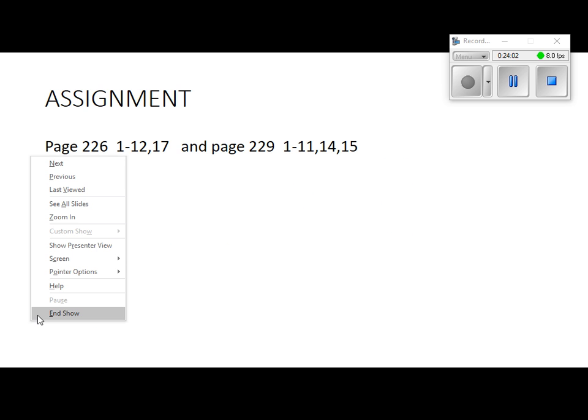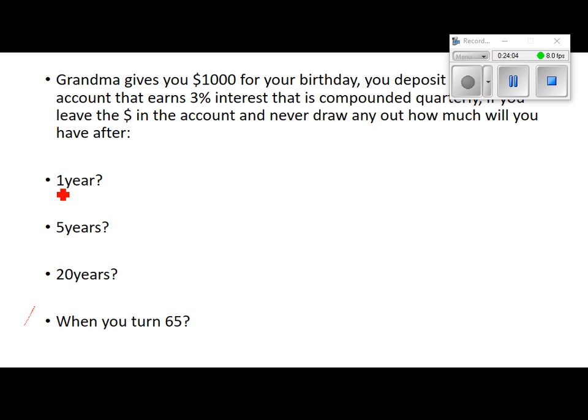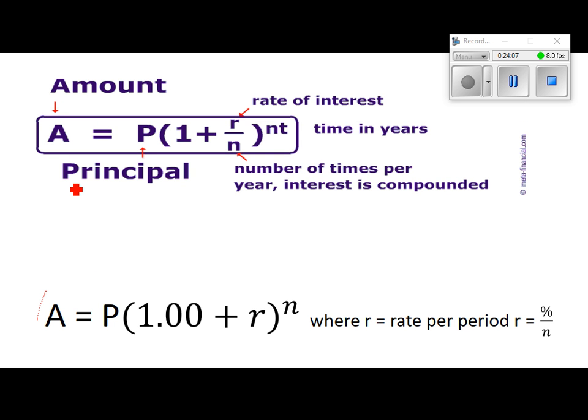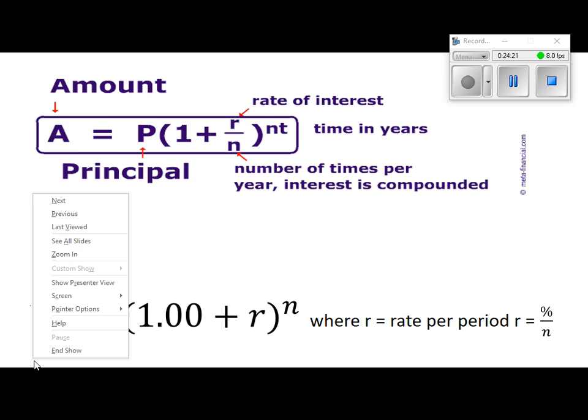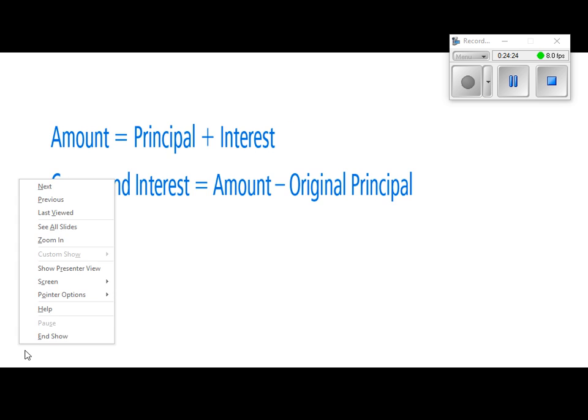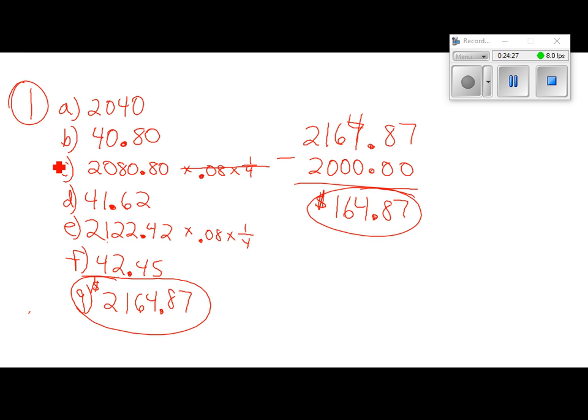I'm going to write this formula up here so we just have it. If we use that formula to find our total amount, we should come up with this. So this is where I need you to have your calculators out and make sure that you know how to do this.